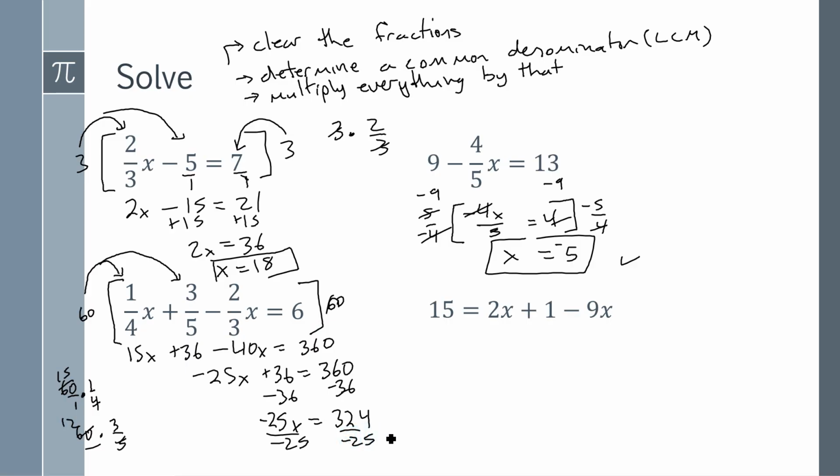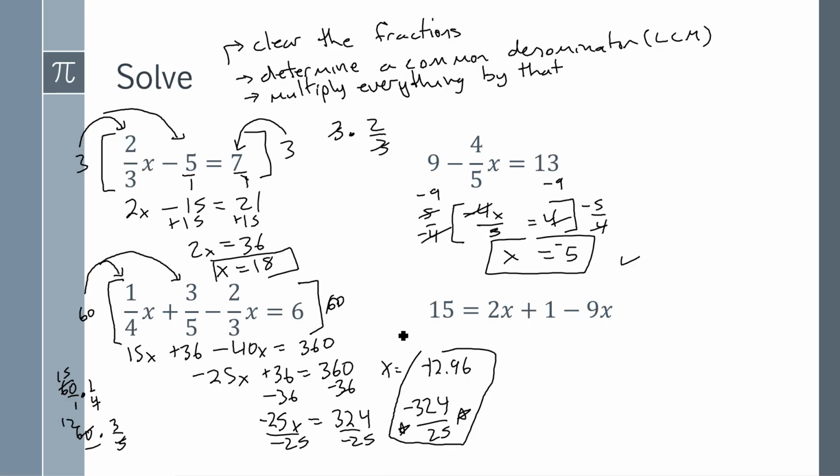So 324 divided by 25 is x equals negative 12.96. Or, actually, you could just box that. Negative 324 over 25, it doesn't reduce. I would accept either of these answers. I actually like this one better. I like the fraction answer better.